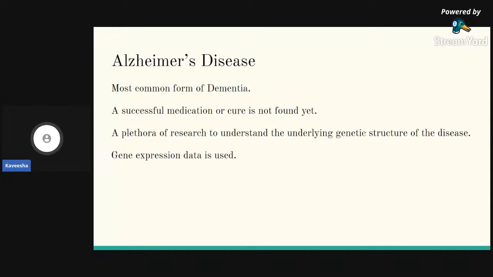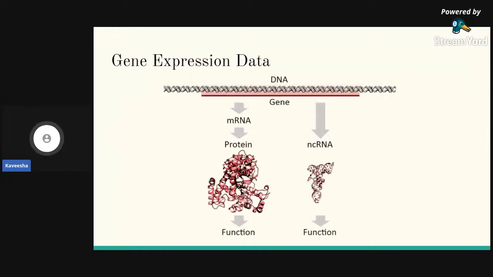One such form of data that we can use to extract information regarding those biomarker genes is gene expression data. Let me introduce what gene expression data is in really simple terms.